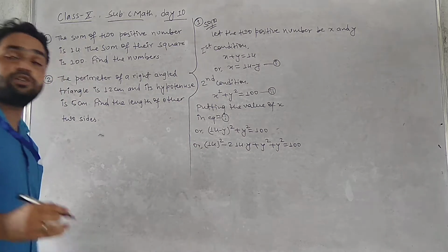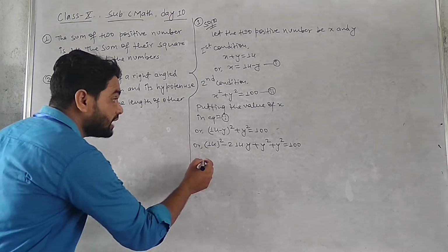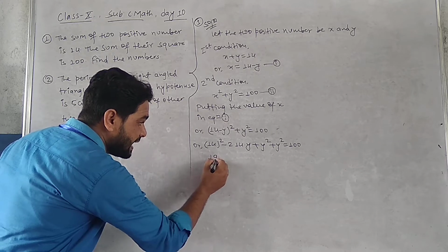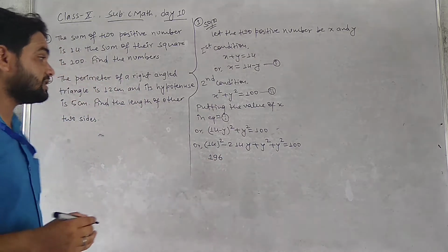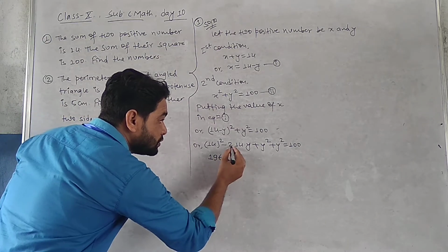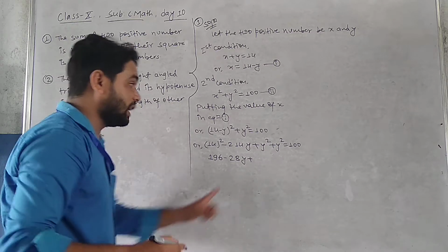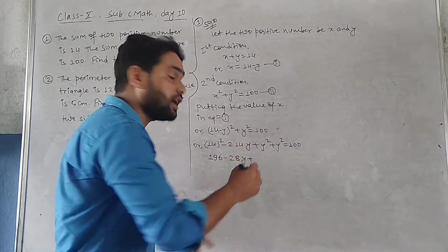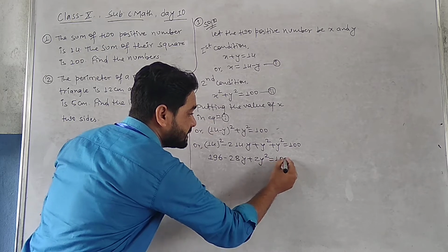Now 14 square means 14 into 14, we get 196. Minus 2 times 14, we get 28y, plus y square plus y square we get 2y square equals 100.